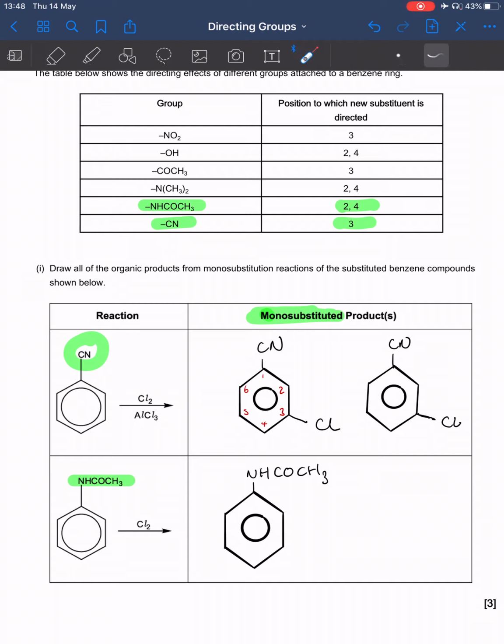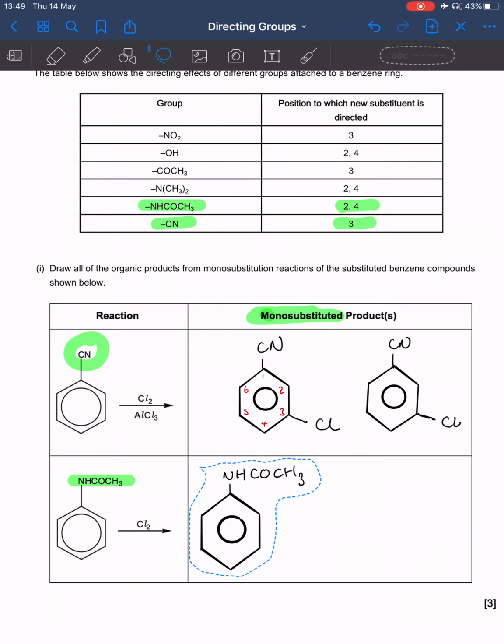So we've got first carbon, second carbon, third, fourth, fifth, and sixth. I'm feeling lazy, so I'm just going to copy this out so I don't have to keep on drawing it.